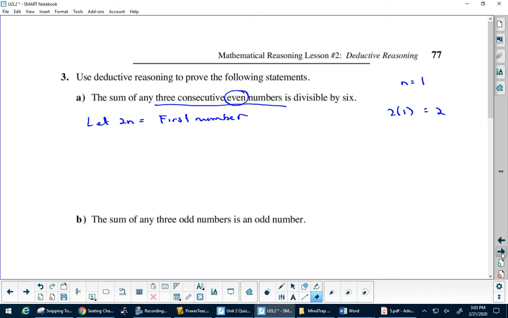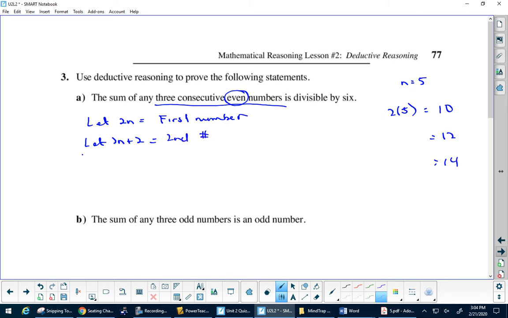Okay, I want to use 5, because 5's a better number. 2 times 5 is 10. That's my first number. Now what is my next number got to be? No, consecutive even. It's got to be 12. And the one after that? So if 2n is my first one, what would be my next number? 2n plus 2. Very good. So let 2n plus 2 equal the second number.